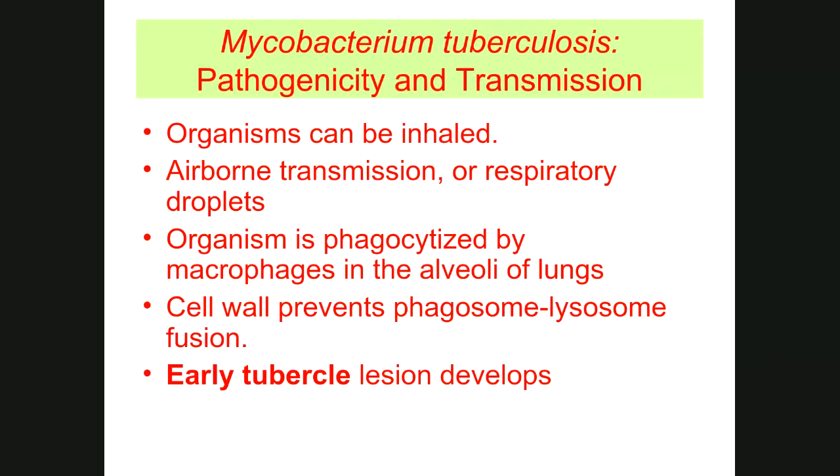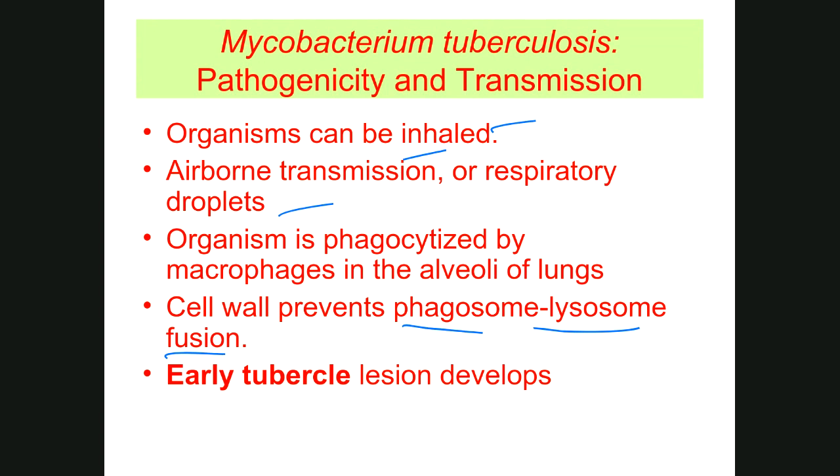The organism can be inhaled, airborne transmission, or respiratory droplets. The organism is phagocytized by the macrophages in the alveoli of the lungs. However, the cell wall of the organism is going to prevent phagosome-lysosome fusion, and the cell can just remain in the white blood cell, hiding from the rest of the immune system.